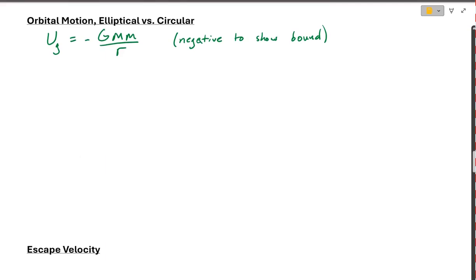We can play with it a little bit when we go to calculations, and I'll show you what I mean. So we talked about circular orbits, right? That's where we lived before because we were talking about circular motion. In the case of circular orbits, the radius of my orbit stays constant.